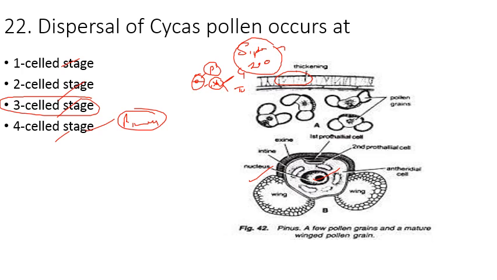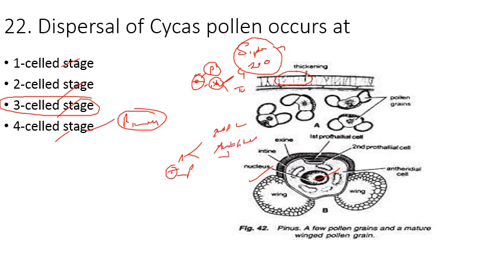Initially we have the microspore cell, which germinates in situ, and its nucleus divides. It forms two cells. One is the apical cell and the second one is the prothallial cell. The apical cell divides further to form a second prothallial cell and the other cell is the antheridial cell.